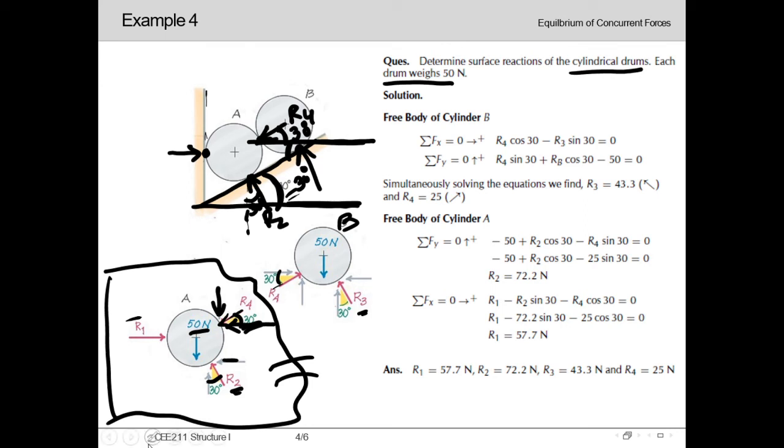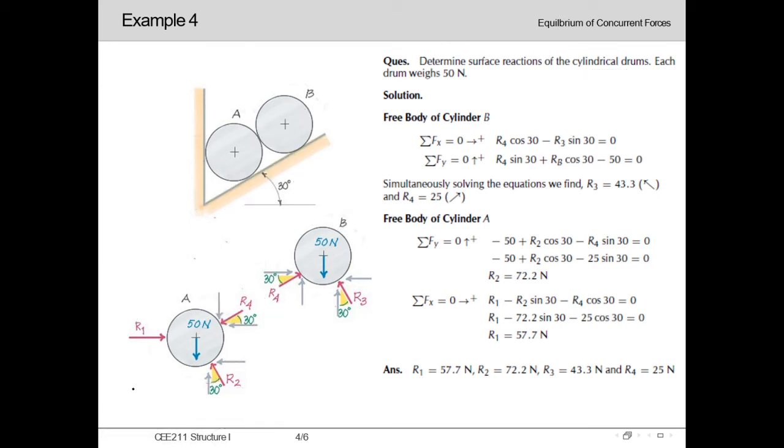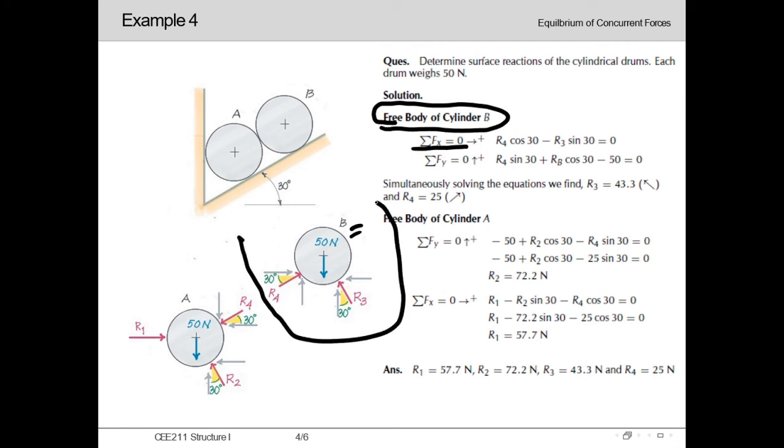Now applying summation of Fx equal to 0 at cylinder B, we can see that in this free body diagram the force component for R4 will be R4 cos 30 degrees, and this force component will be R4 sin 30 degrees.